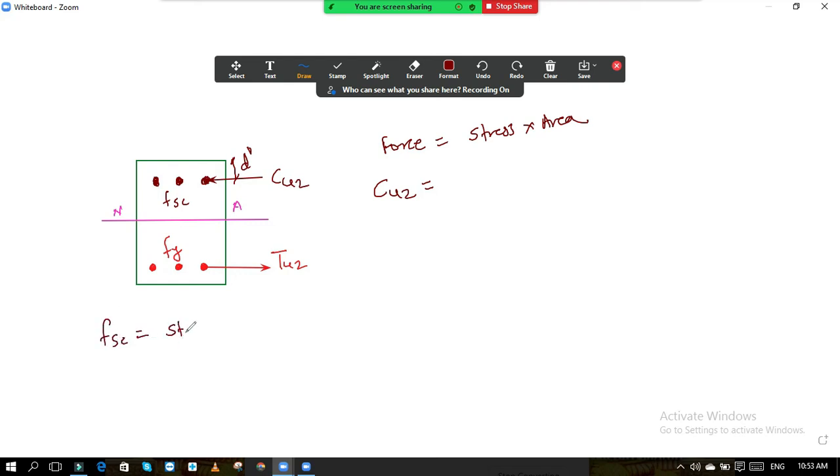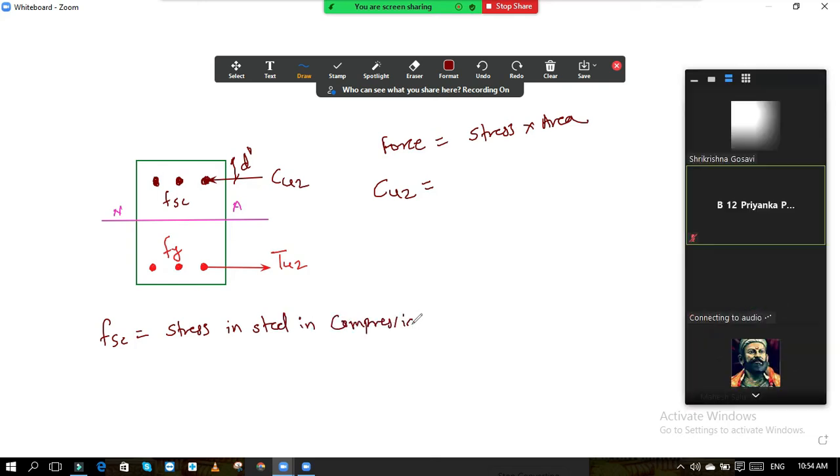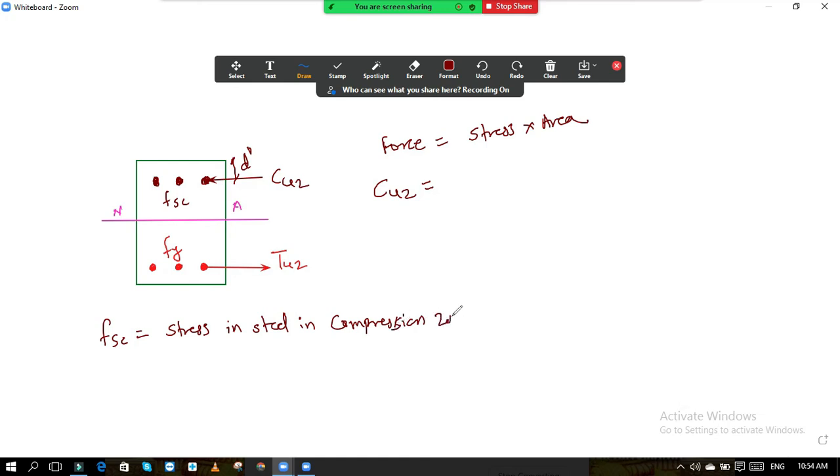FSC means stress in steel in which zone? In compression zone. And what is the meaning of Fy? Fy is nothing but stress in steel in tension zone. Okay, so these two are different. This is for compression, this is for tension.